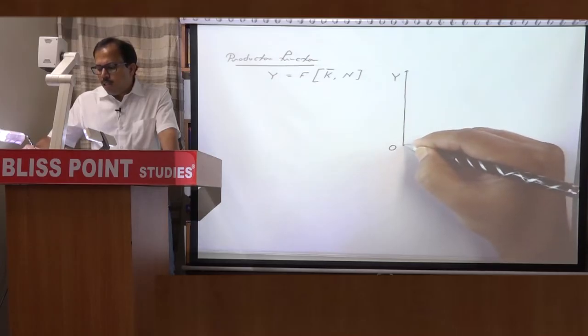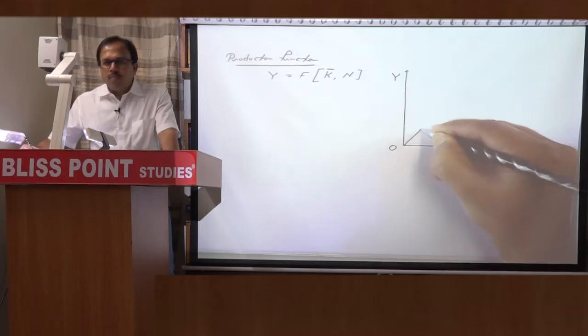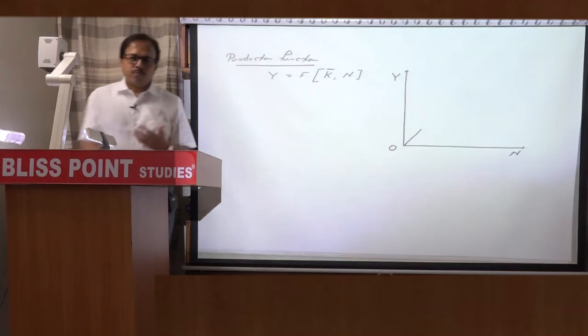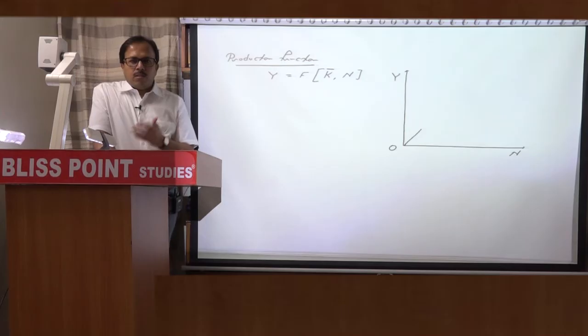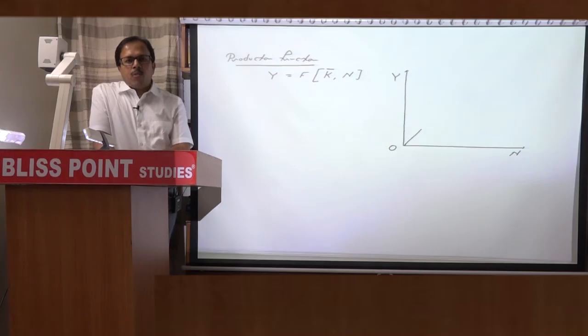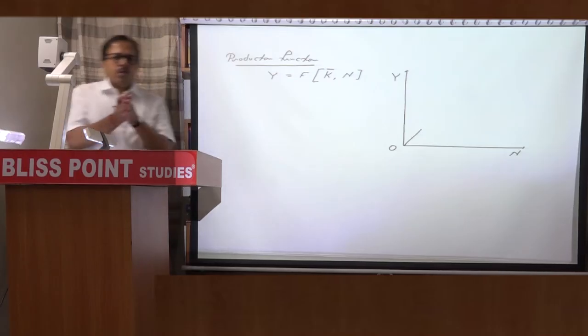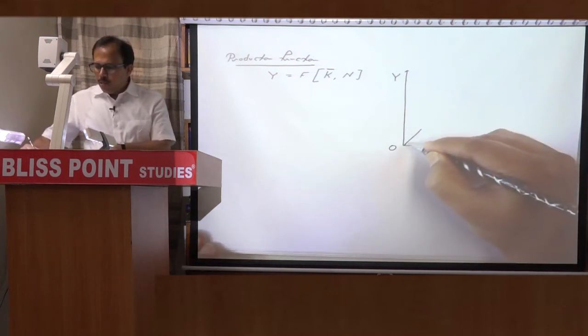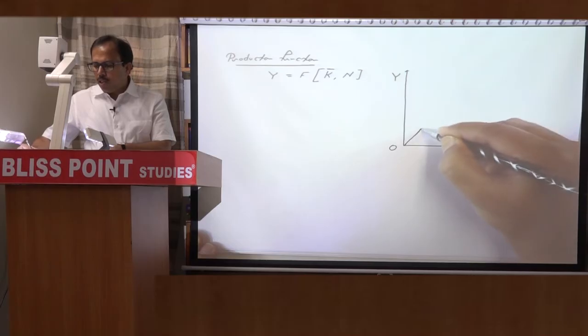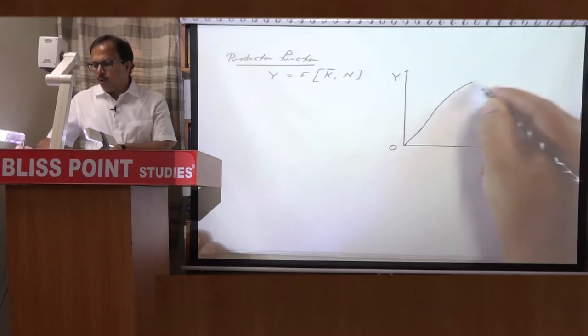Initially it may increase with a linear relationship, but usually in micro we say there is initially increasing return, then finally diminishing return, but that was for one particular firm. In the aggregate, some firms may have diminishing return, some increasing return, so combined they may have constant return also, that is a possibility. But the universal possibility is that they will have diminishing return. So you can just plot that relationship.